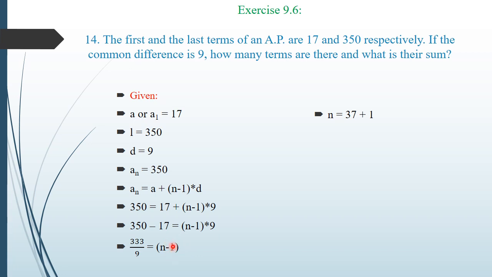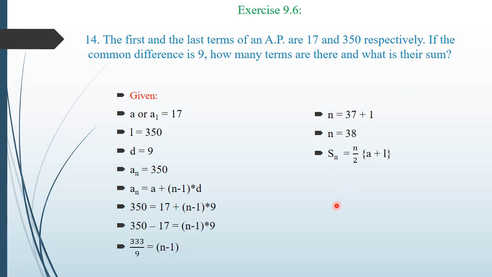Now I'll shift this minus 1 on the other side, that will become plus 1. Therefore, n is equal to 38, which means this last term, that is 350, is present at the location n is equal to 38. If this is the last term, then we can say that there are 38 terms present in this given AP.